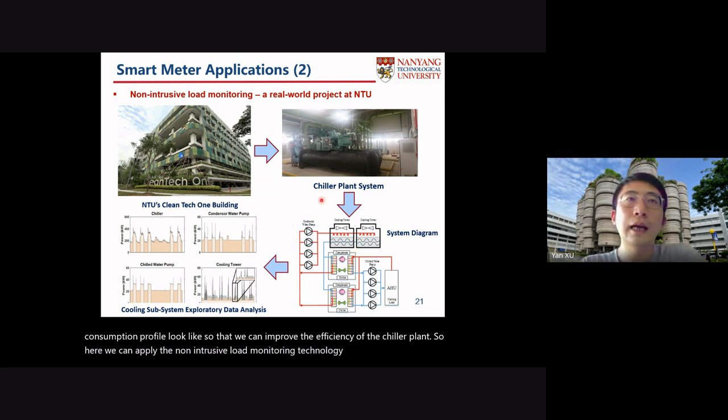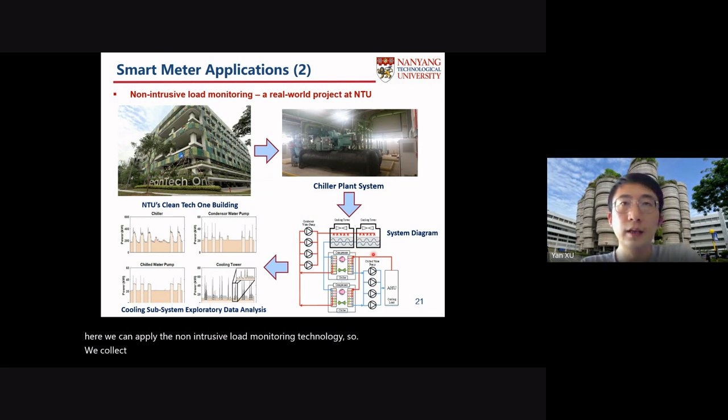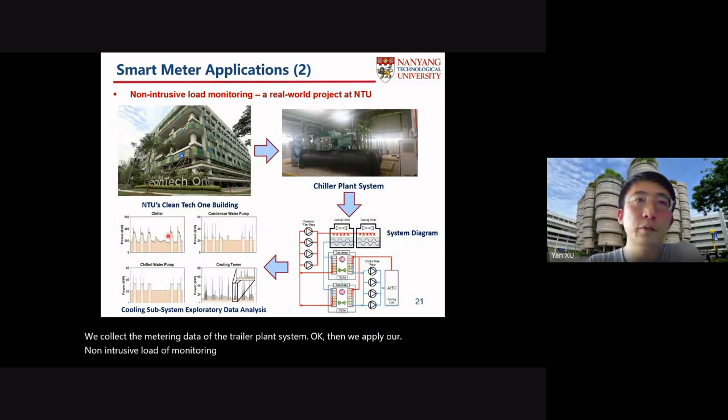So we collect the metering data of the chiller plant system, then we apply our non-intrusive load monitoring algorithm. And finally, we figure out the corresponding power profile of the different subsystems.